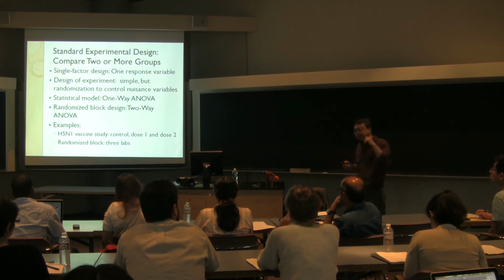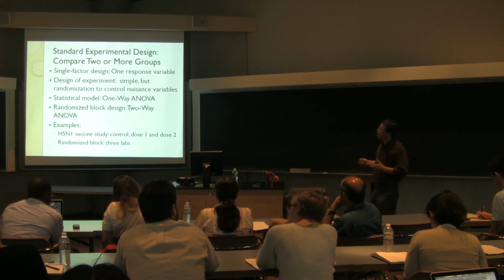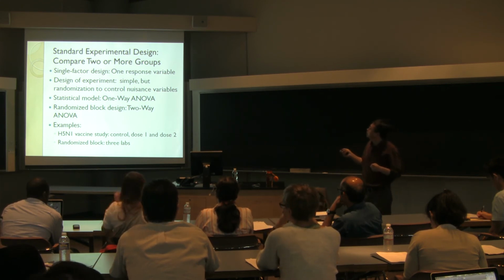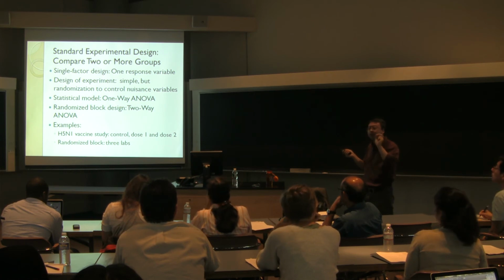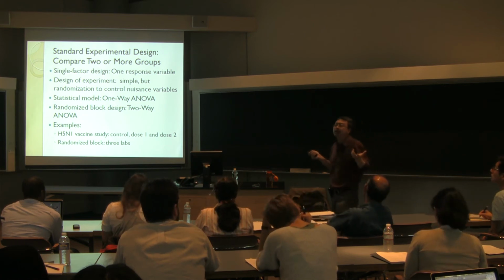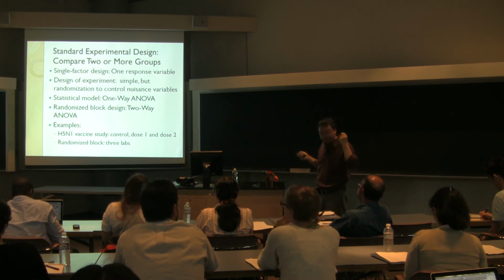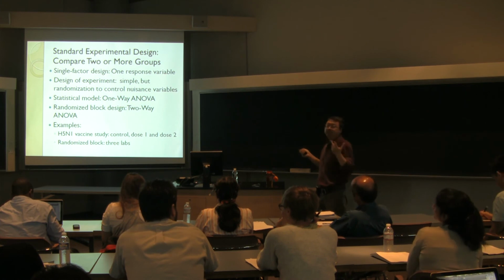I want to compare vaccine without adjuvant with vaccine with adjuvant. It's just 2 groups. If you only have a single factor, you use one response variable, a single variable, as your endpoint. For example, I just look at HAI titer. I don't care about anything else. To compare vaccine without adjuvant and vaccine with adjuvant, just 2 groups, HAI titer, nothing else.